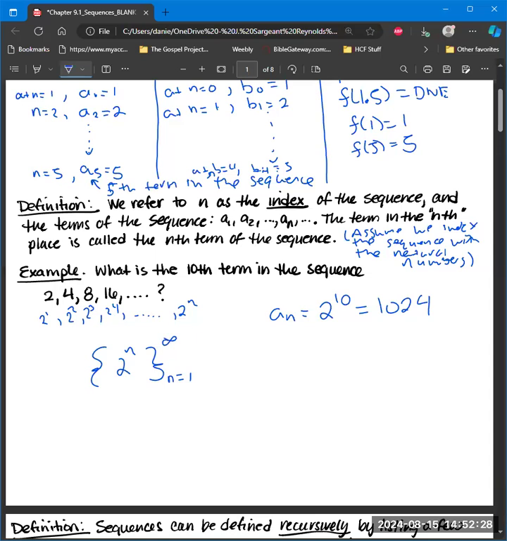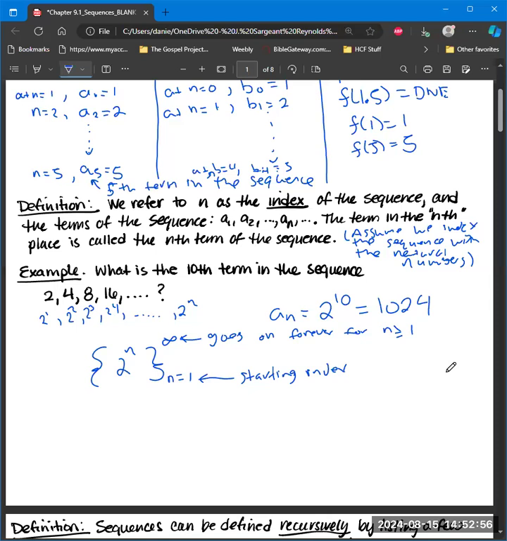So this is our starting index, and this goes on forever. For n greater than or equal to 1 is what that tells us.